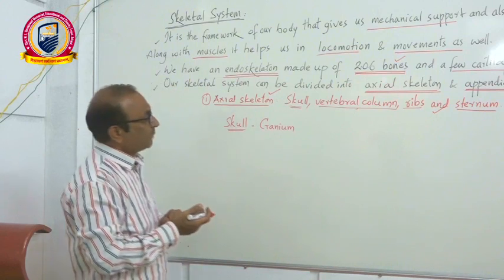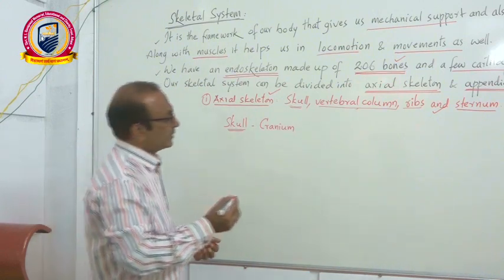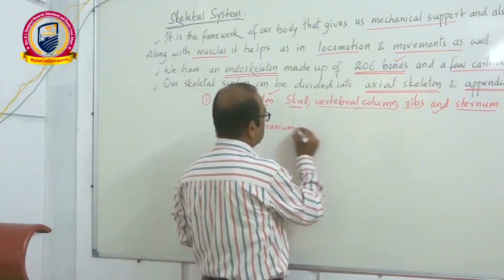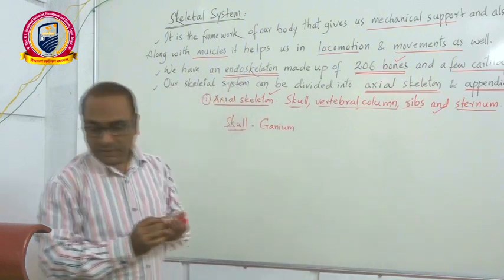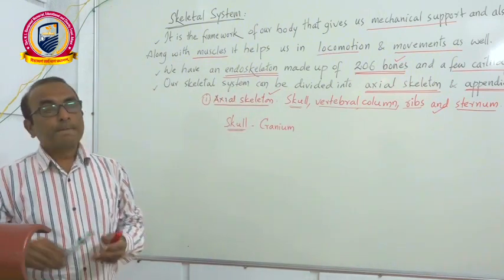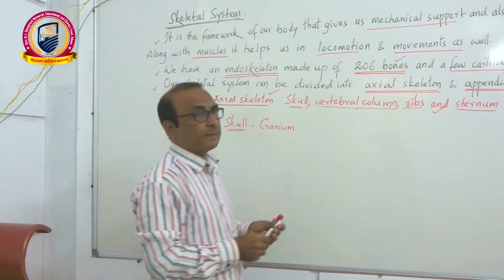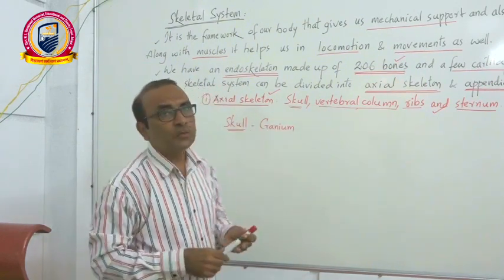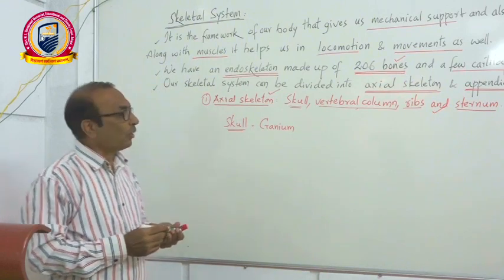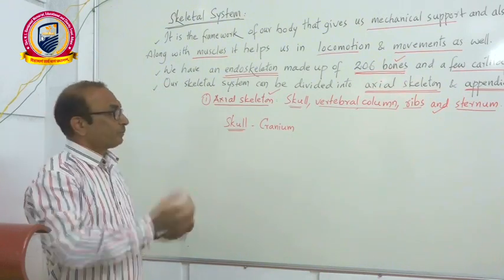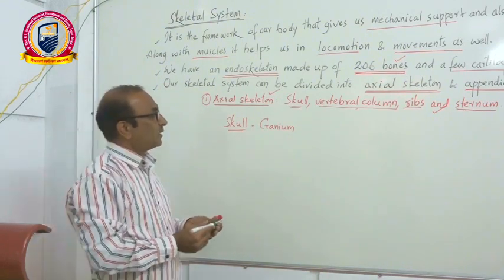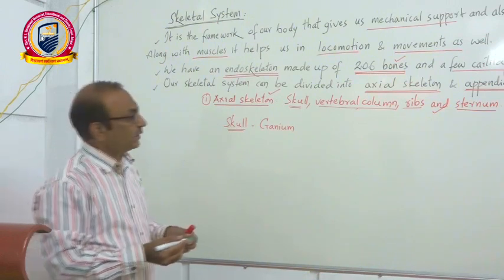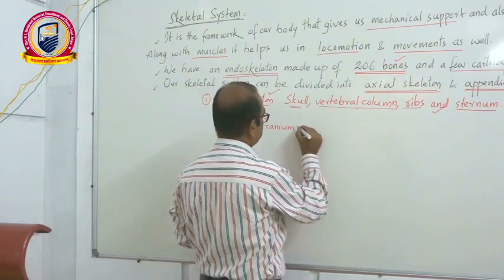So cranium is made up of some bones. What are those? Let us see. Cranium is made up of the bones which are called membrane bones because they are flat, thin bones but equally strong, that make up most of our skull or the head region.